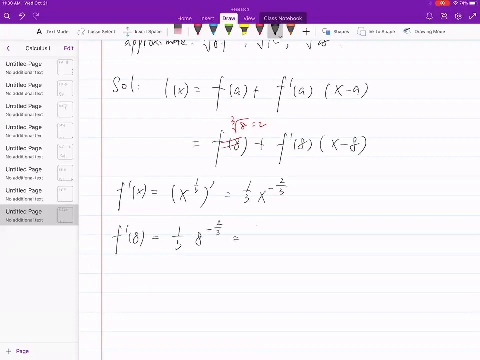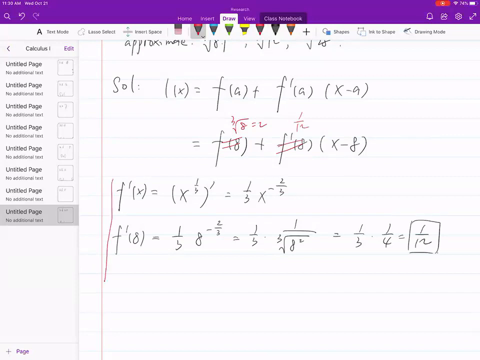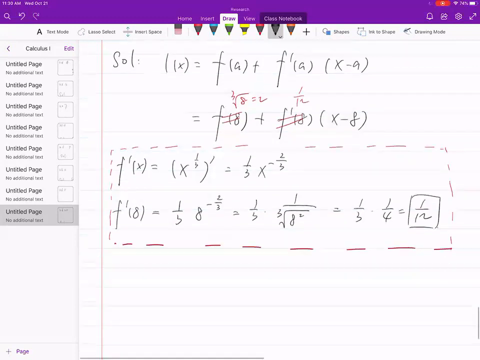If you feel confused, this is how you calculate it. Actually don't do this, I should use dash line. That's just some side work. Now I know L(x) equals 2 plus.